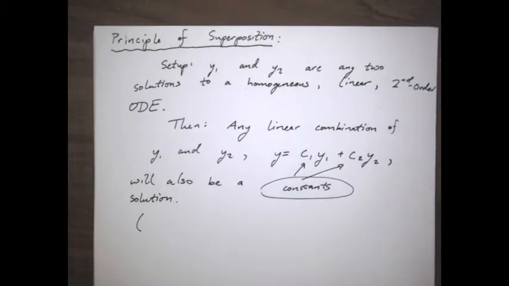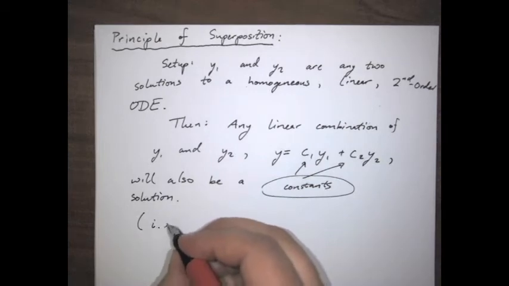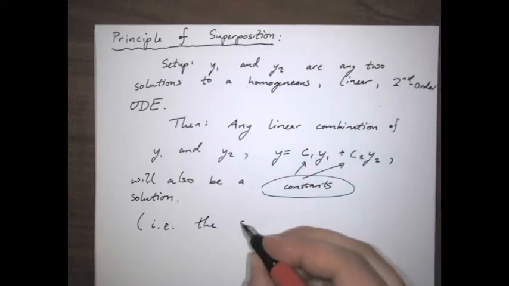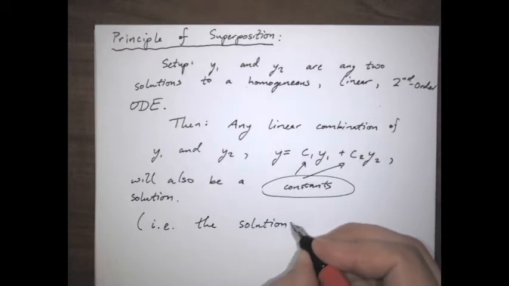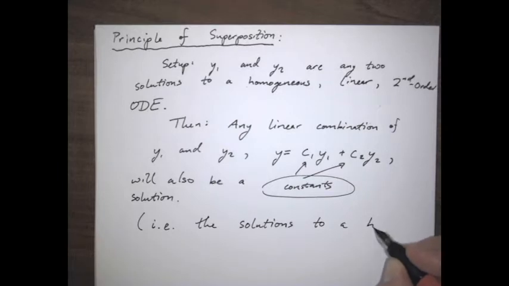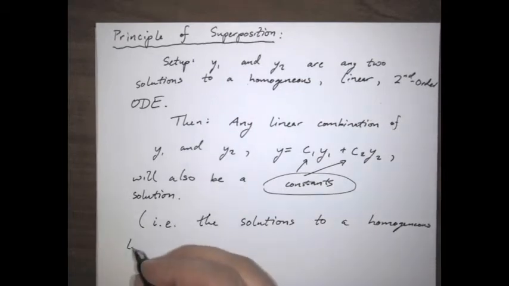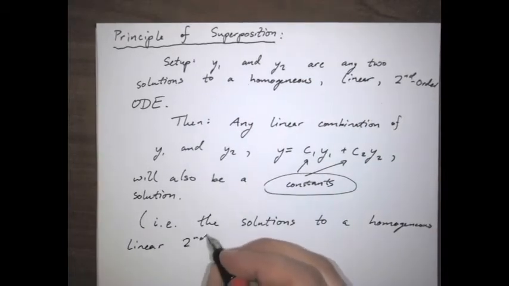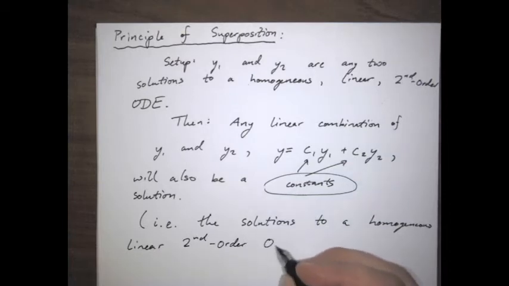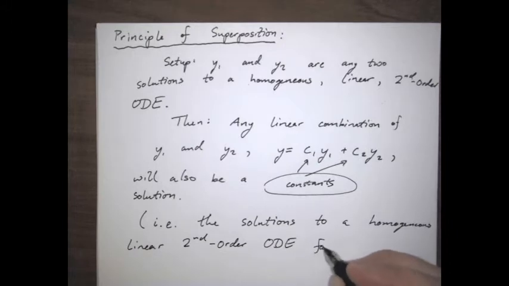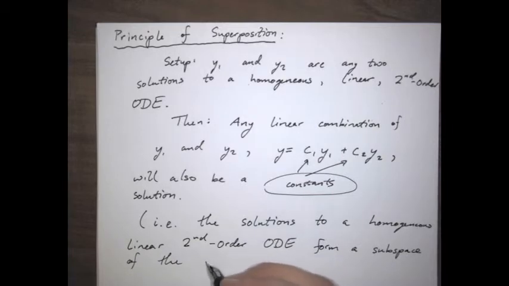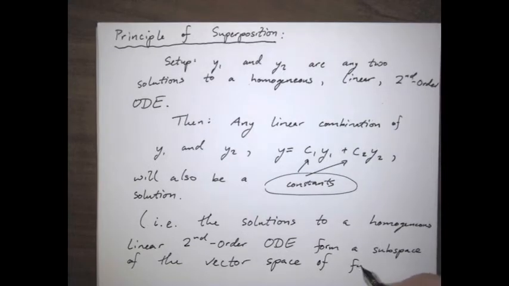So in other words, what this means, i.e., the solutions to a homogeneous linear second order ordinary differential equation form a subspace of the vector space of functions.